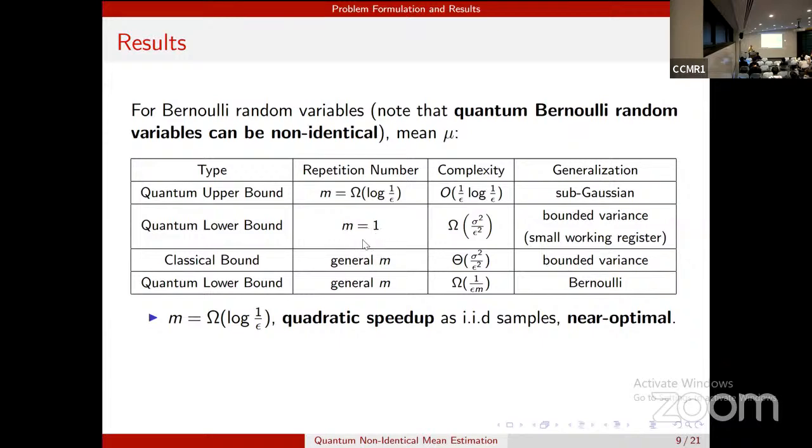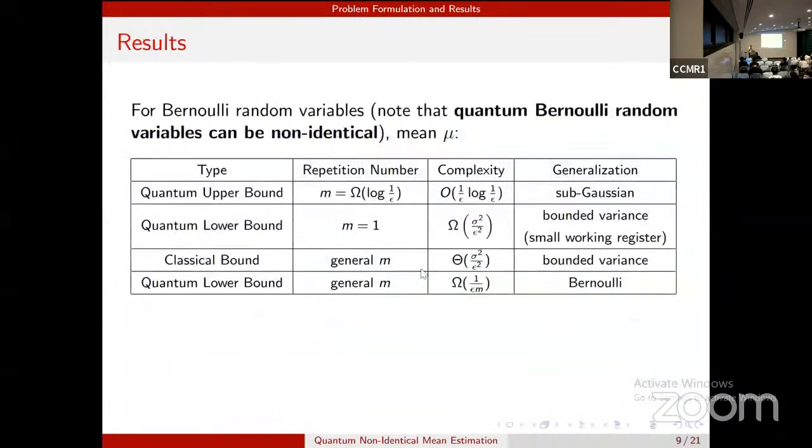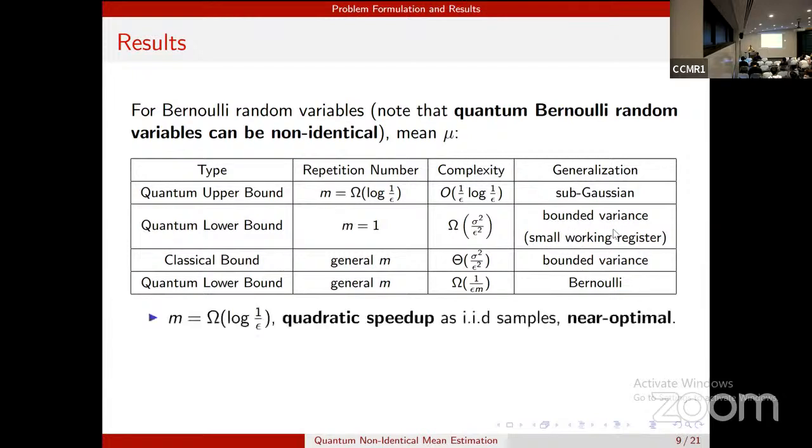And for the m equals 1 case, which means for those different quantum random variables, we are allowed to query each of them only one time. In this case, we have a quantum lower bound, which is Omega(sigma squared over epsilon squared). I use sigma squared here because it can be generalized to the bounded variance case.